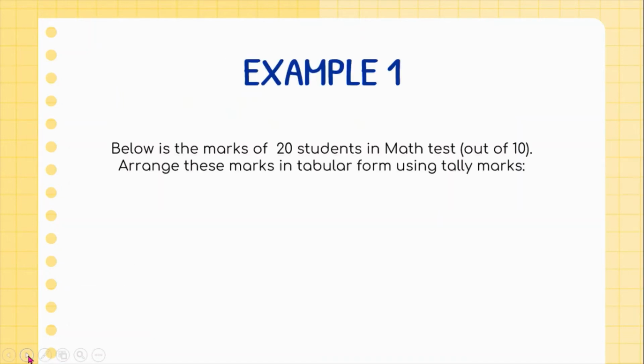So for example, below are the marks of 20 students in a math test out of 10. Arrange these marks in tabular form using tally marks. We have 6, 7, 9, 5, 7, 8, 9, 10, 10, 9, 8, 7, 6, 8, 6, 5, 10, 9, 10, 9.